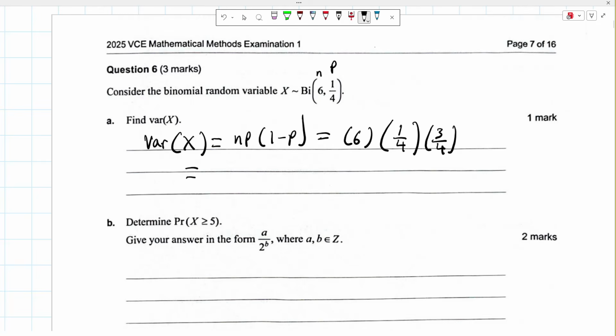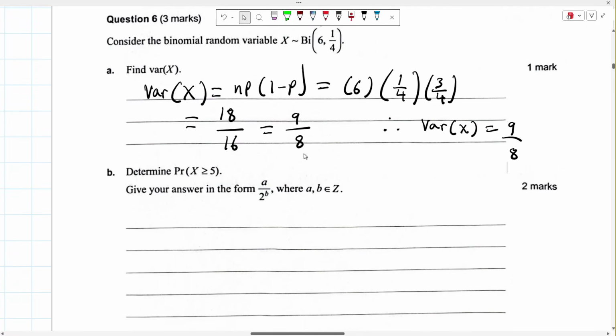So let's go to the top. The top row is 6 times 1 times 3, that's 18. And then the bottom row is 4 times 4, which is 16. Now we can simplify that to 9 over 8. Right? So therefore, variance of x is 9 over 8.